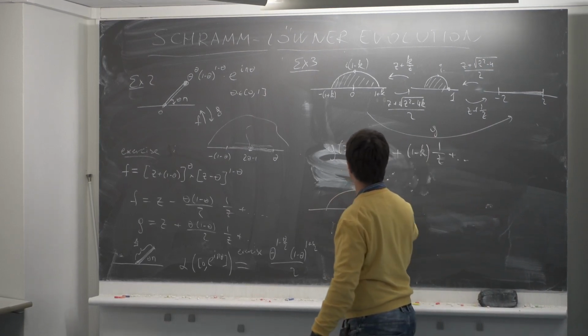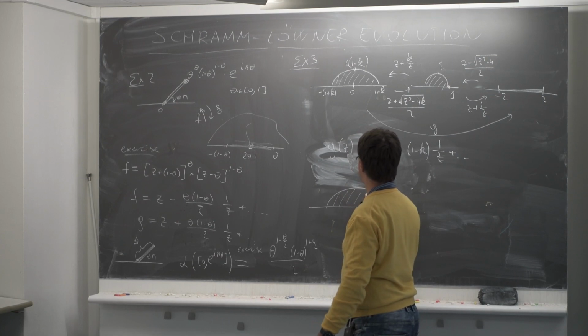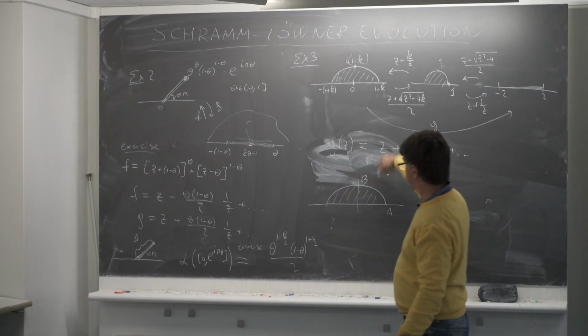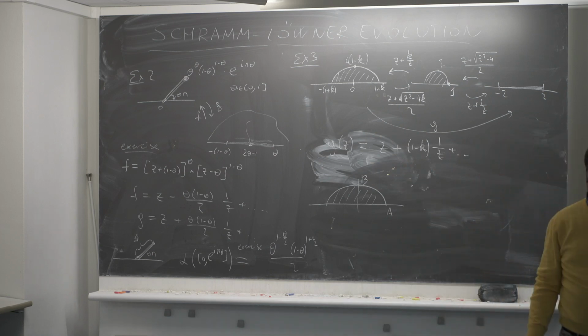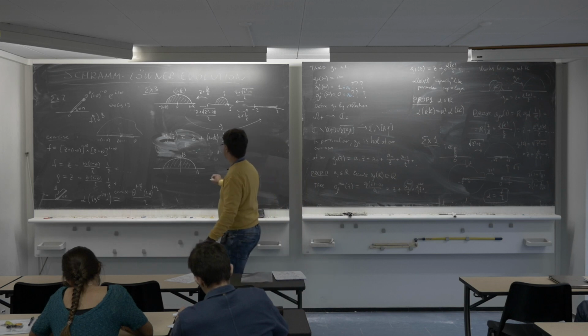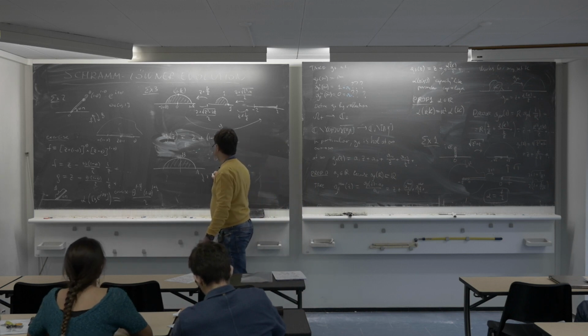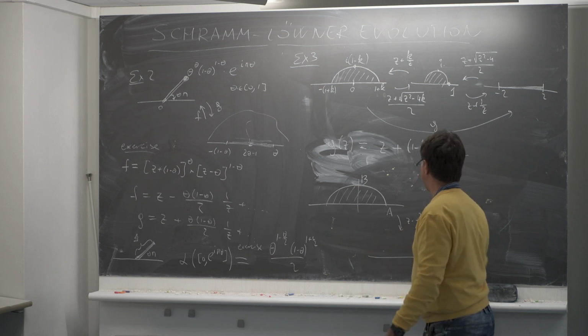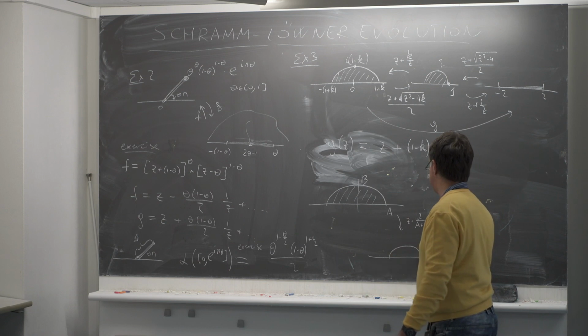You can assume that you have an ellipse which has half-axes a and b. You can always rescale it to the first one. So a and b, you can rescale it by a map z times 2 over a plus b. You can get into the realm of the previous picture.